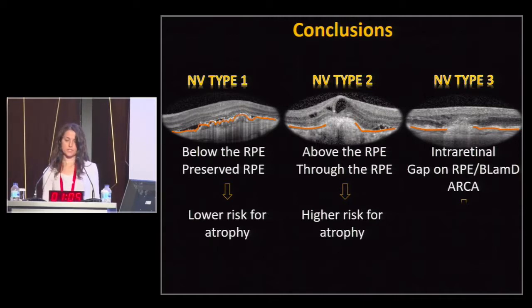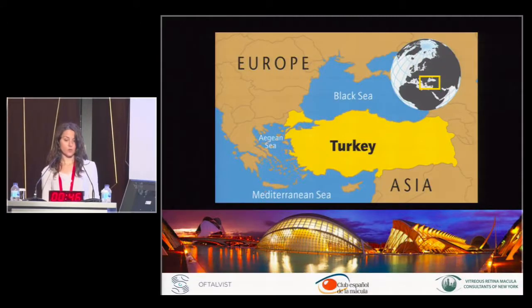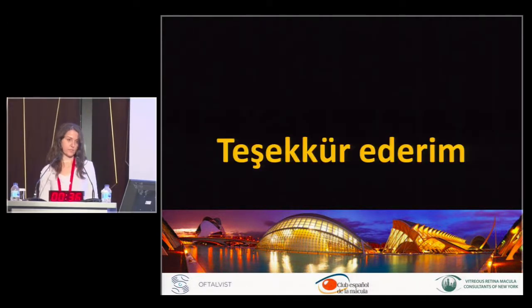And type 3 lesions are intraretinal, but they are located in between the gap that the RPE and basal laminar deposit leave, and they are associated with age-related choroidal atrophy, which is a high risk for atrophy, so they have the highest risk for atrophy. So no matter where we are, the classification of neovascular lesions with OCT is really useful, and I want to thank you for your attention.